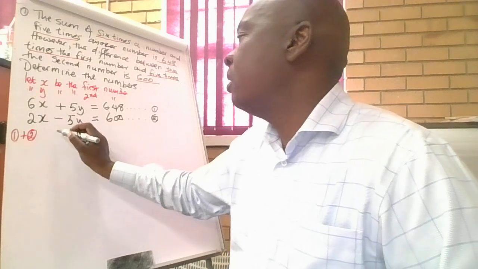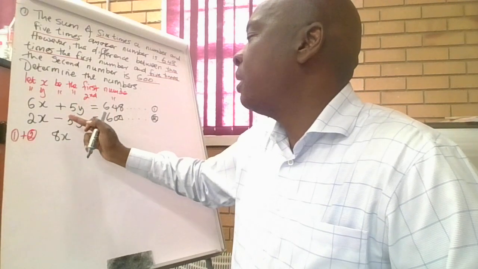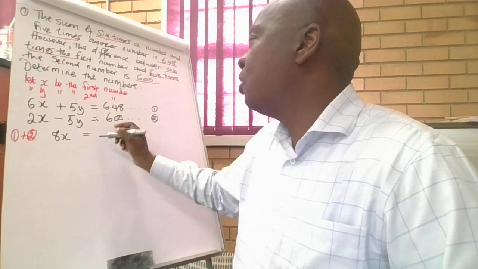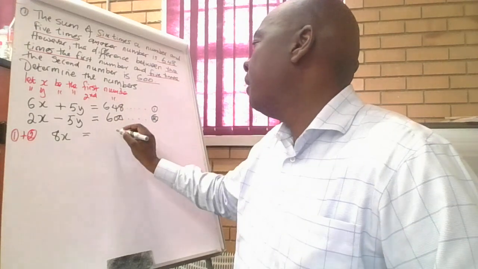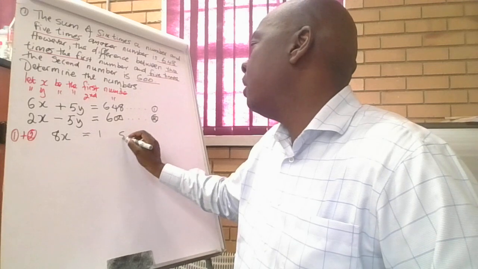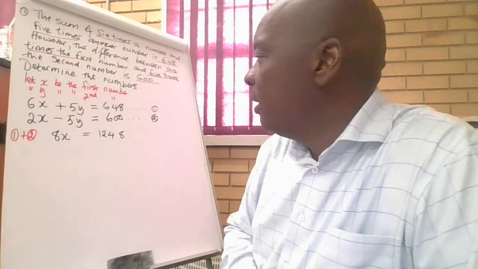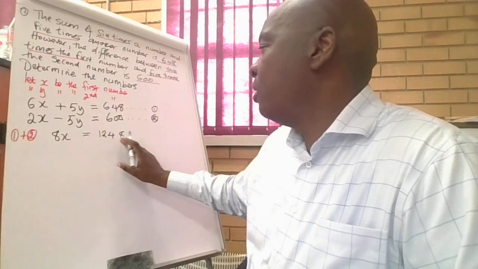that means I have 6x plus 2x, which gives me 8x. 5y plus minus 5y gives me 0. So that means 8x should be equal to, if I add these two, 648 plus 600, that is 1,248. So I have 8x is equal to 1,248.